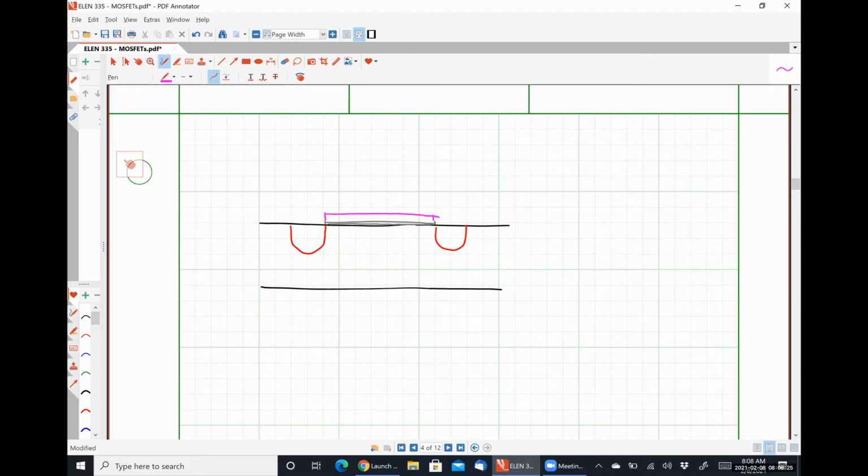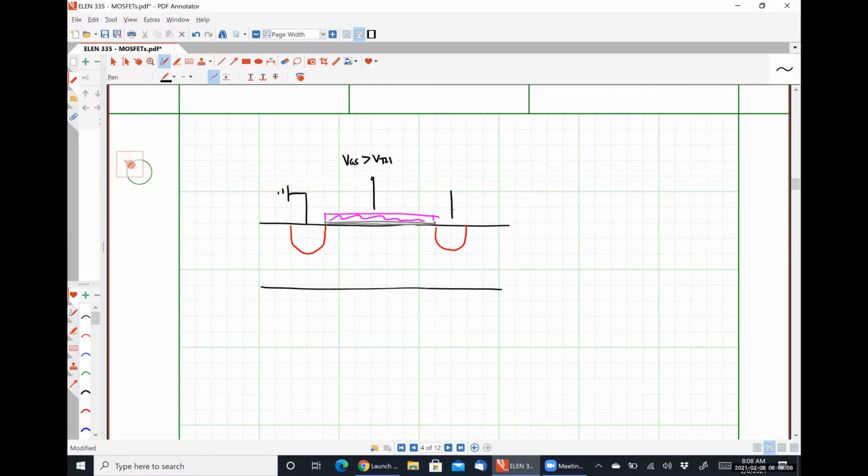Here's my polysilicon gate. And we're going to leave our source grounded. We're going to have VGS greater than VTH so that our device is on. A channel should be established.